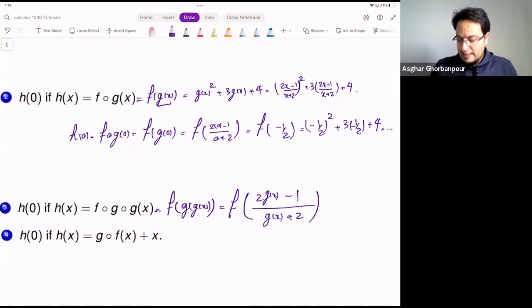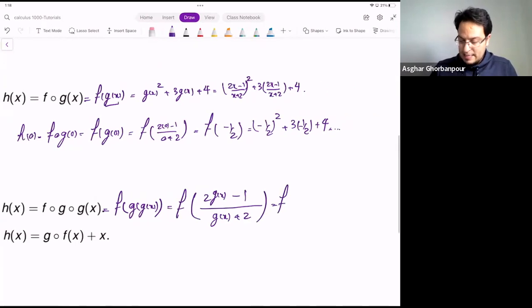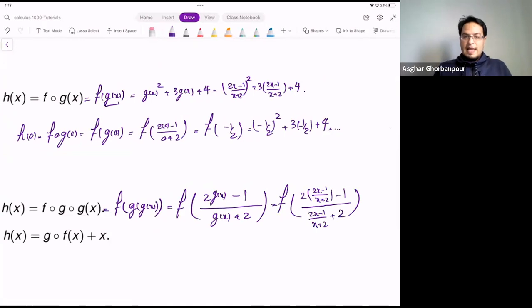And then you can plug back in g(x), which is 2 times (2x minus 1 over x plus 2) minus 1, over (2x minus 1 over x plus 2) plus 2. And then you take all these things and evaluate f at that. So I will leave that one for you.